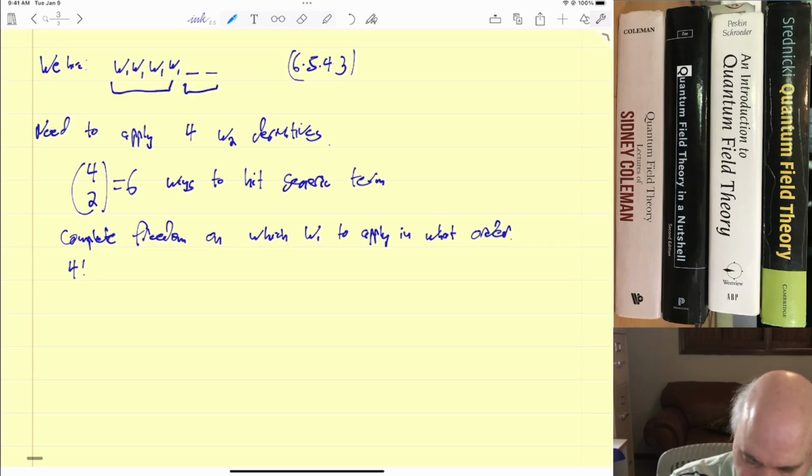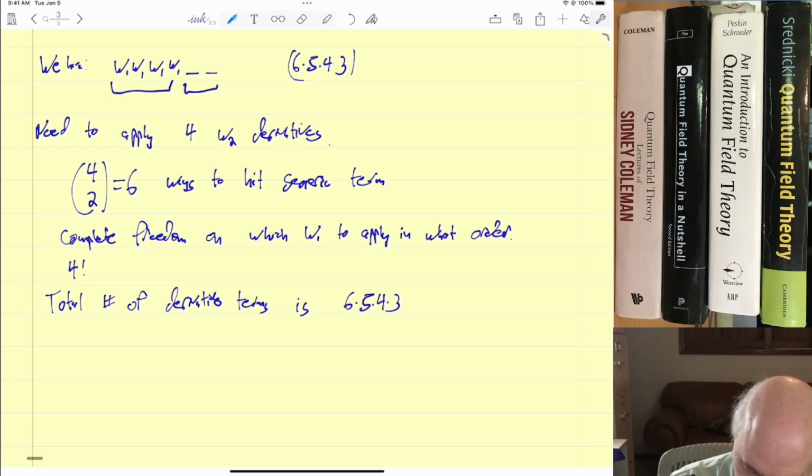So the total number of derivative terms by my combinatoric argument is 6 times 5 times 4 times 3 times 6 times 4 factorial.